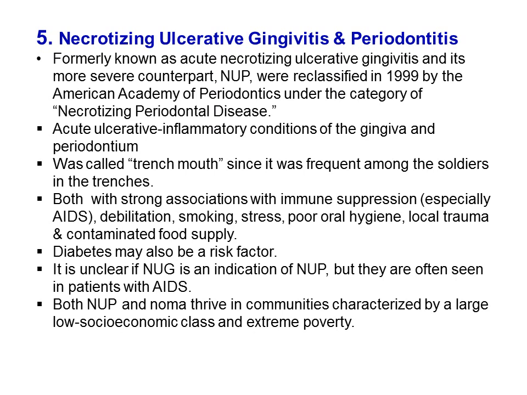Both necrotizing ulcerative periodontitis and NOMA thrive in communities characterized by large low socioeconomic classes and poverty. That means that this type of condition can be seen mostly in patients with low socioeconomic classes and poor.